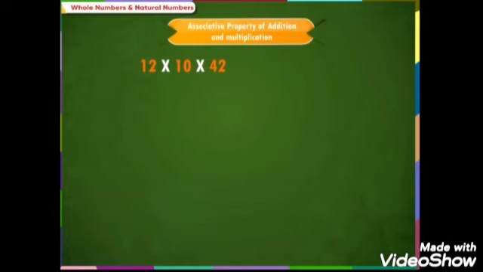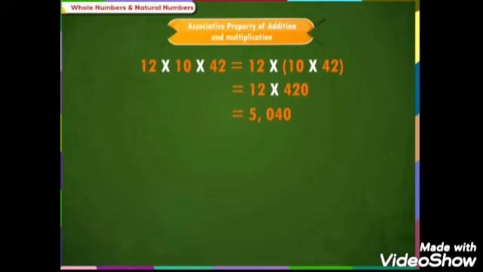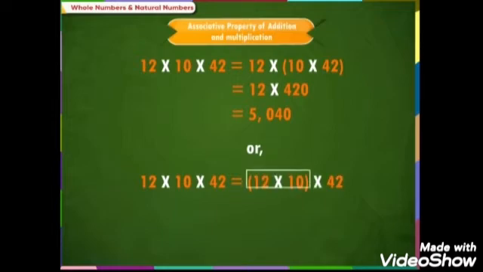To multiply these 3 numbers, we can associate the last 2 numbers. That is (10 multiplied by 42) multiplied by 12, which is equal to 12 multiplied by 420, which gives 5040. To multiply these 3 numbers, we can also associate the first 2 numbers.